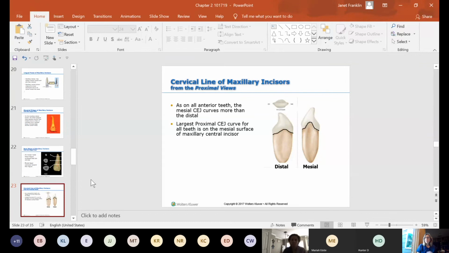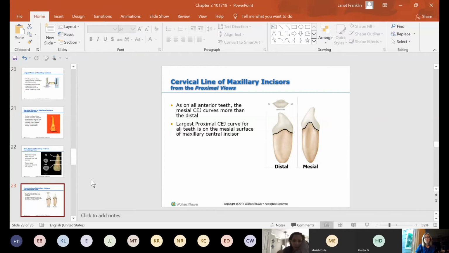This is how, when we hold up our teeth in our hands in lab, or when I show you a picture of a tooth during a quiz, or on a midterm practical, or on a final practical, and I have a picture of an anterior tooth, I might have a picture of the mesial and a picture of the distal and ask which view is the mesial and which view is the distal.